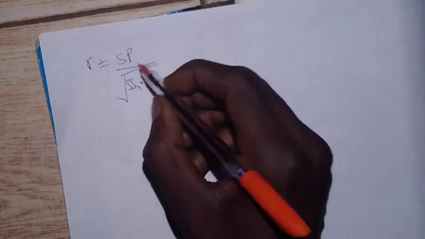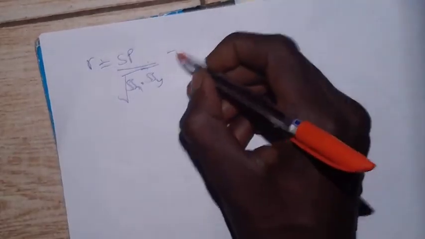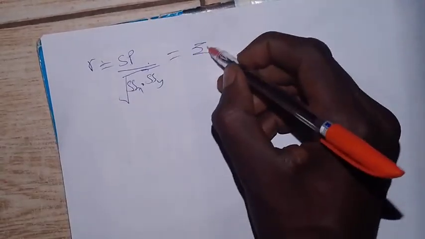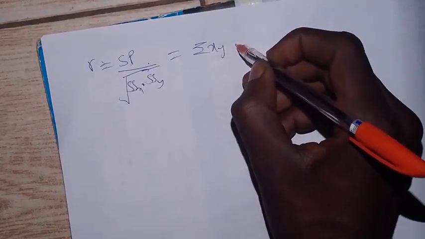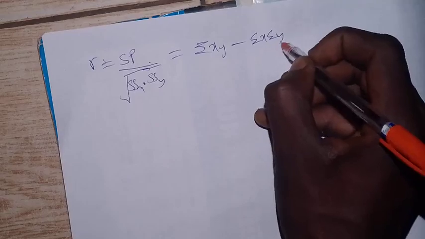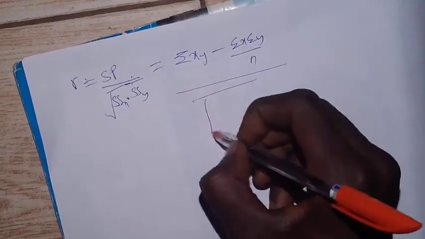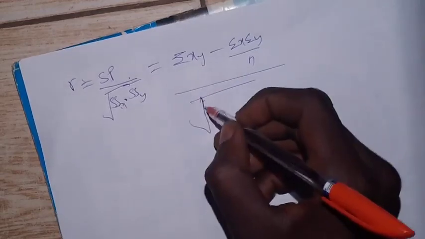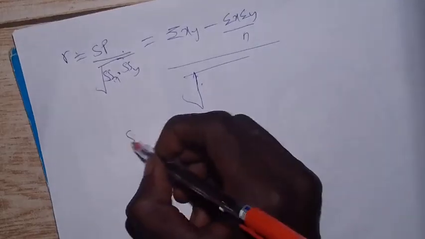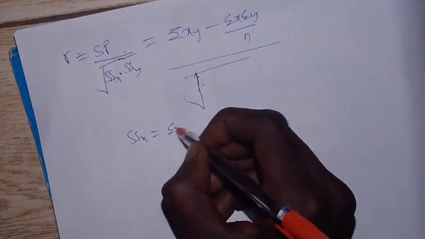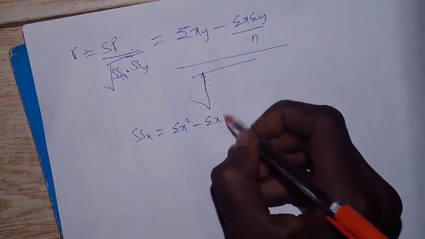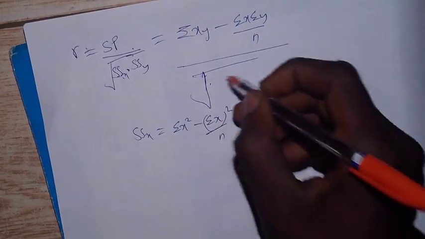What is SP? Sum of cross products. I've written the formula earlier: summation xy minus summation x summation y all over n, over the square root of what? SSX. We know SSX. The formula for SSX is summation x squared minus summation x all squared all over n, right?